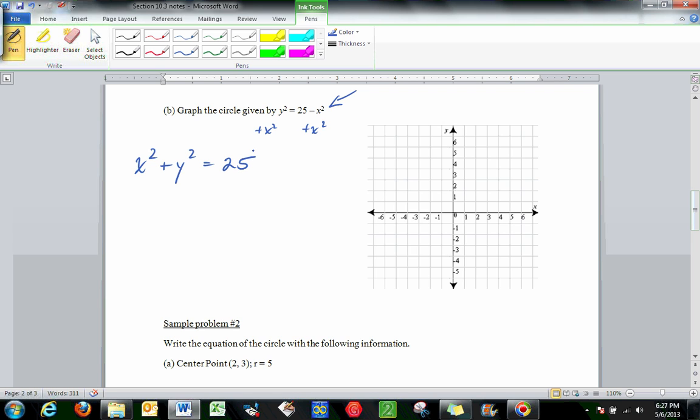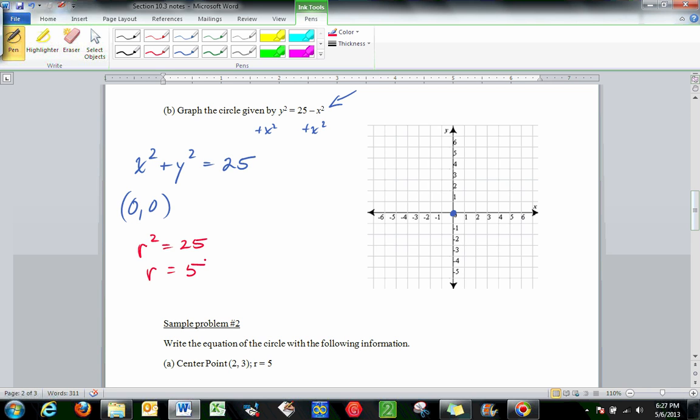Now notice this time we have x squared and y squared without the parentheses, without an h and a k. So that's going to immediately tell me that my center point is going to be at the origin. Okay? And then the next thing we have to do is deal with the radius. So r squared equals 25 and r equals 5.